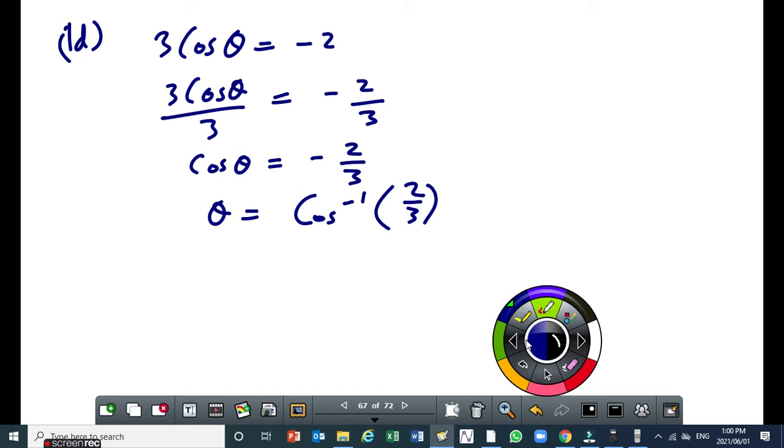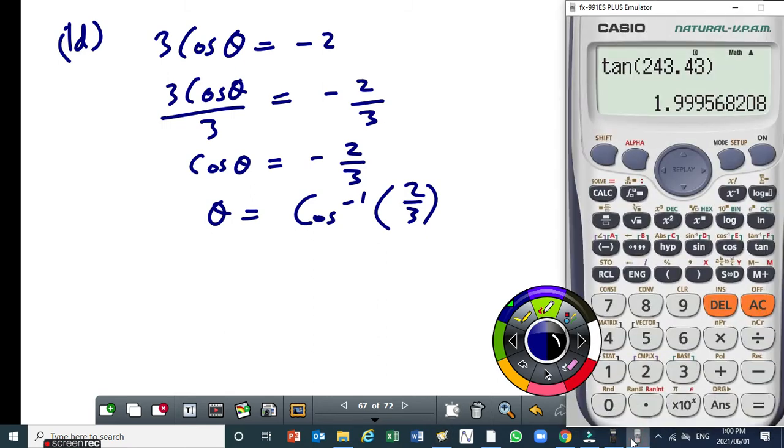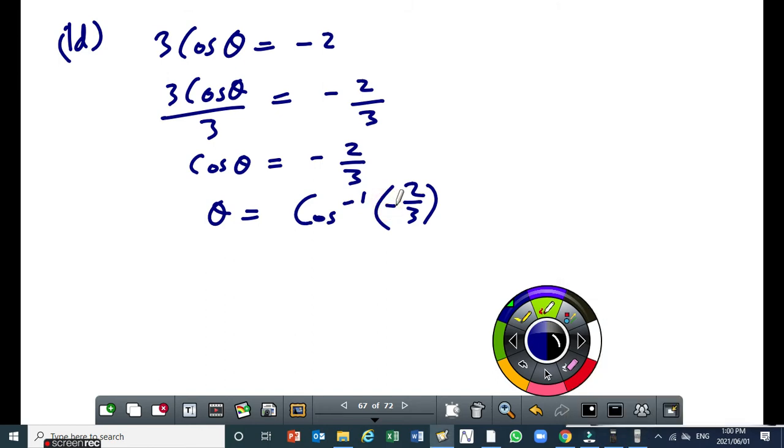Okay? Then let's bring the calculator. So this will be shift cos of 2 over 3. Oh, sorry, it's negative. I'll put the negative in front.